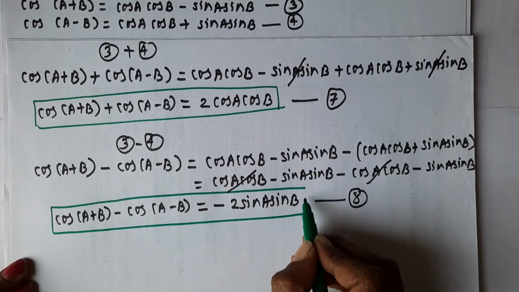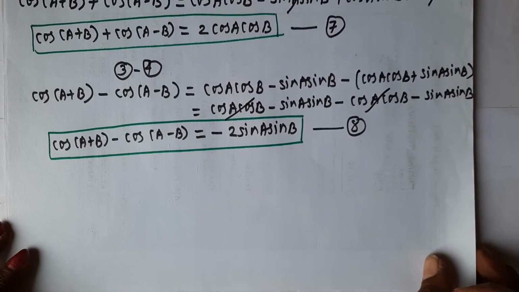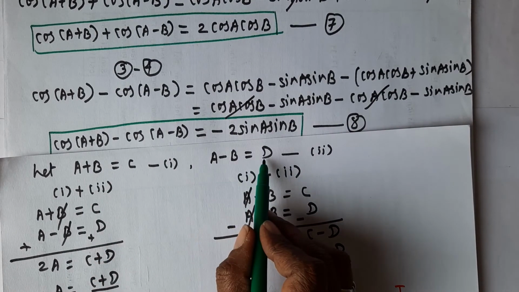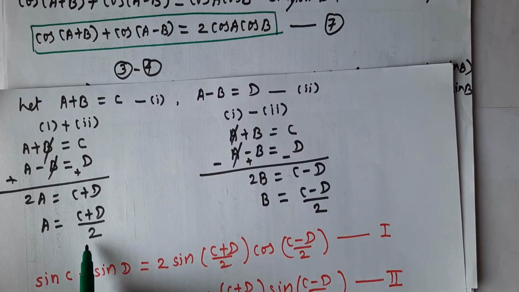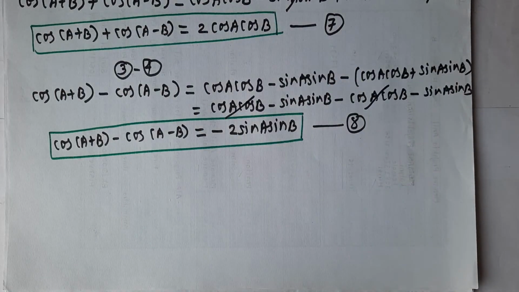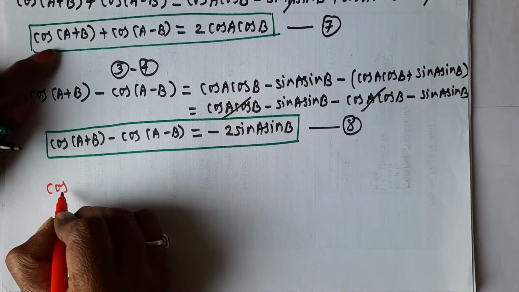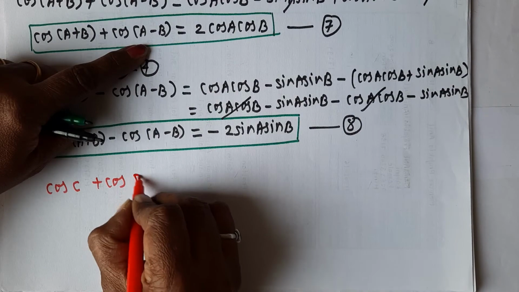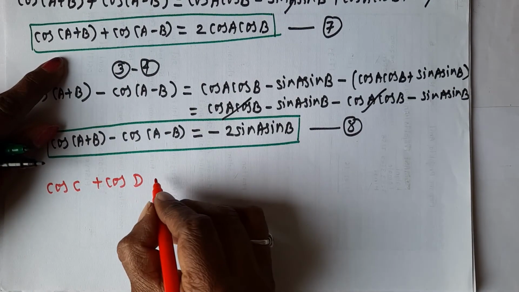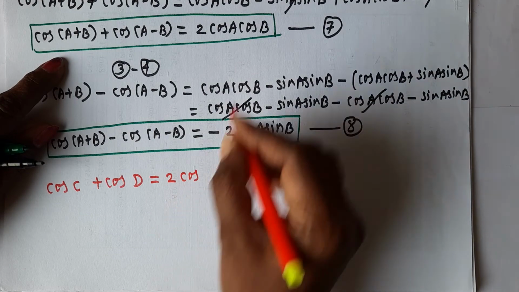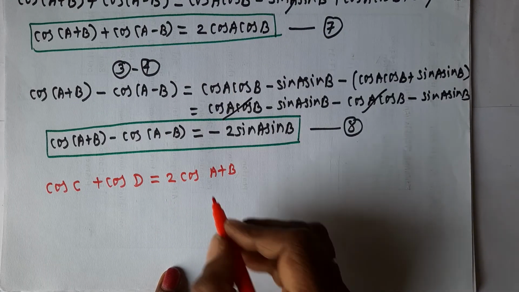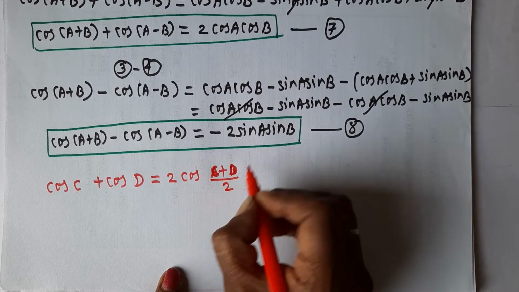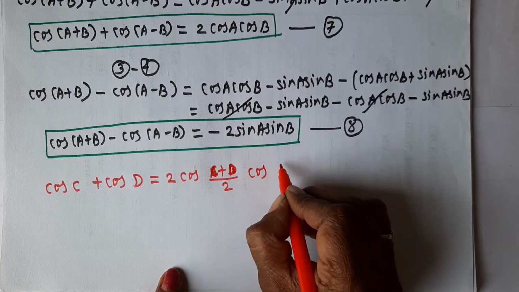Again, in these two formulae we will keep the value of A plus B as C and A minus B as D, the value of A as (C+D)/2, the value of B as (C-D)/2. If I keep in this formula A plus B as C and A minus B as D, then this becomes cos C plus cos D is equal to 2 times cos((C+D)/2) cos((C-D)/2).